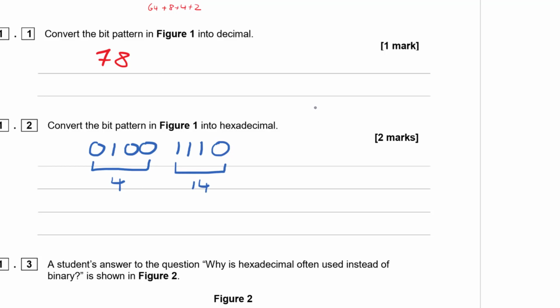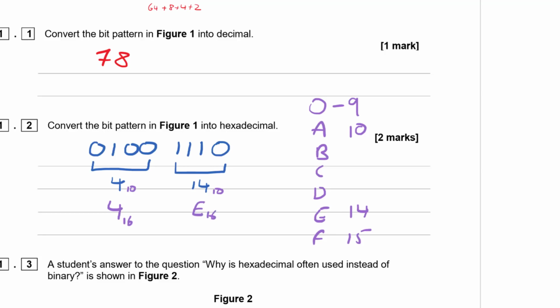Hexadecimal shares 0 to 9 with decimal, and then the remaining 6 are A, B, C, D, E, F, so we'll work from 10 to 15, and so 14 is 1, 2, 3, 4, so it's E. So this is 4 in base 10 and 4 in base 16, and E in base 16.